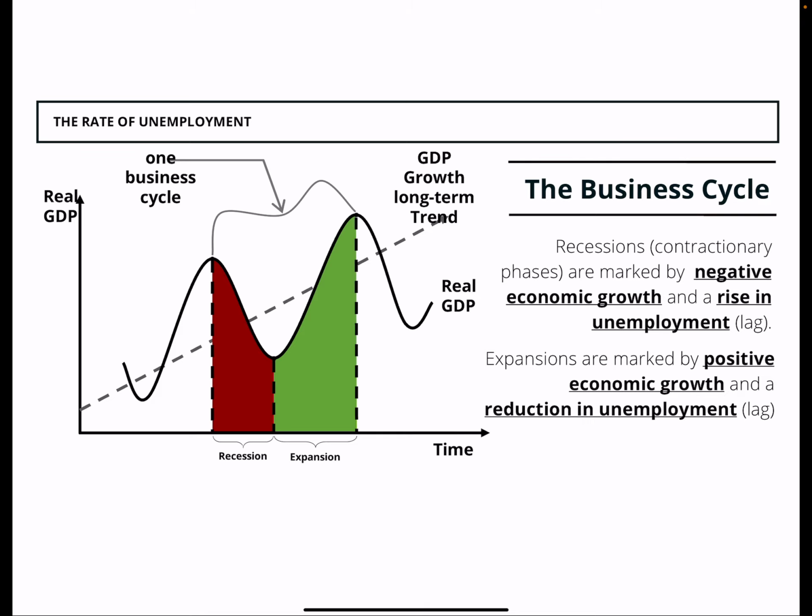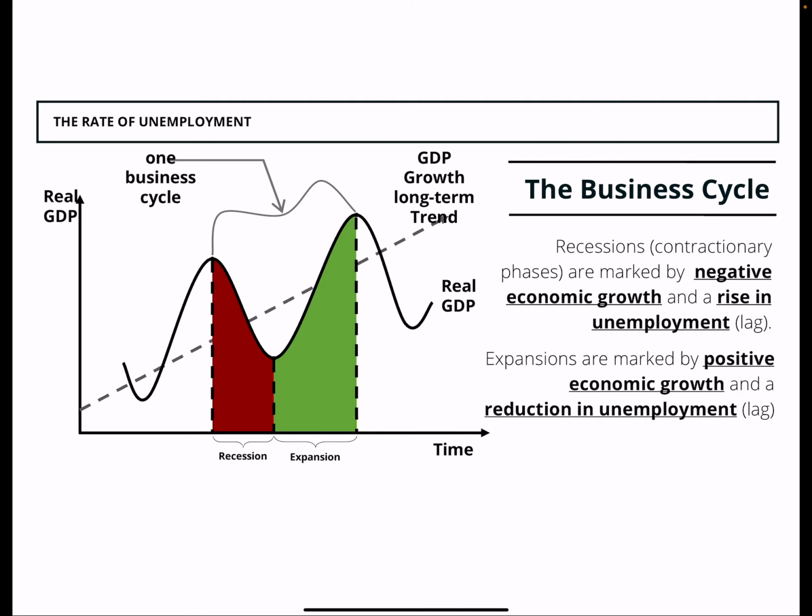During the recession, the red area, we would see in our economy an increase in unemployment. People who don't have jobs but are actively looking for work. We'll talk more about that definition of unemployment in a moment.